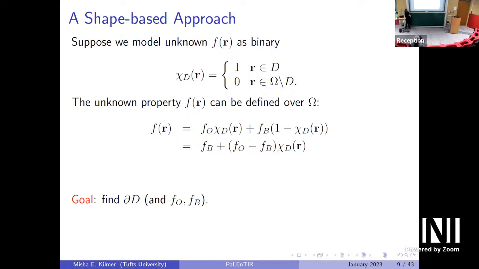If I have an indicator function chi of D, and in this region D, chi takes on the value of 1, and outside the region it takes 0, then the way that I could express this is that my unknown quantity can be some value inside my object times this characteristic function, or a value outside the object times 1 minus the characteristic function. So I could find this image if I could describe the boundary of D and if I knew these two values.